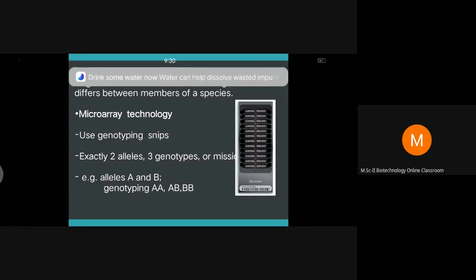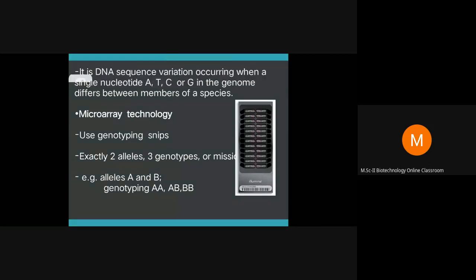For genotyping, the SNPs on the SNP chip are aligned by design, meaning they have exactly two alleles that translate to three genotypes. Also, a call can be missing. For example, if the alleles are A and B, then the genotype would be either AA, which is homozygous, AB, heterozygous, or BB, the other homozygous.